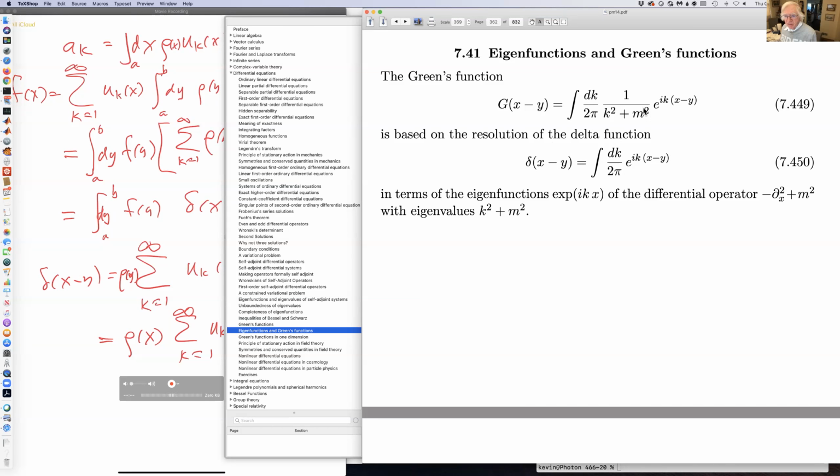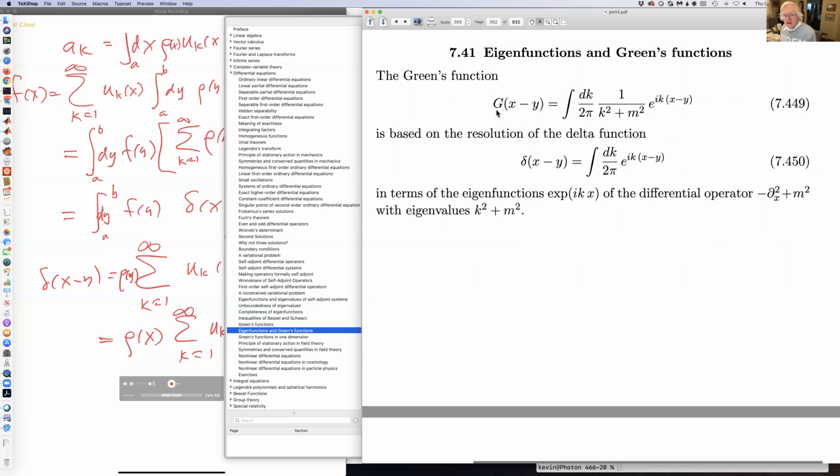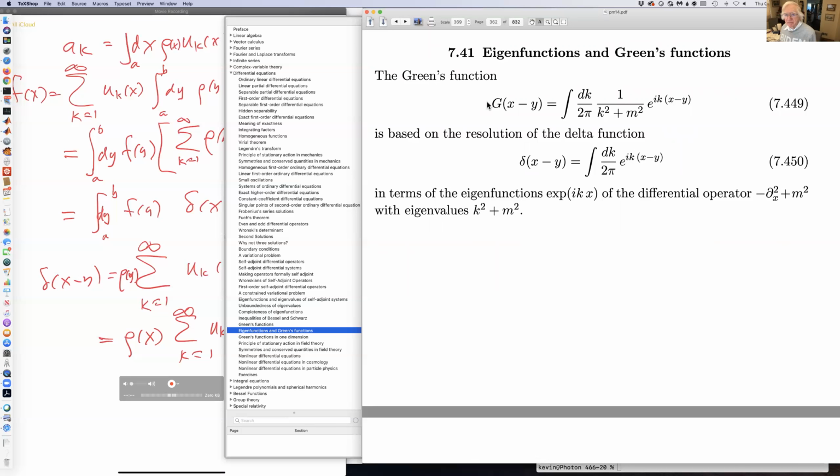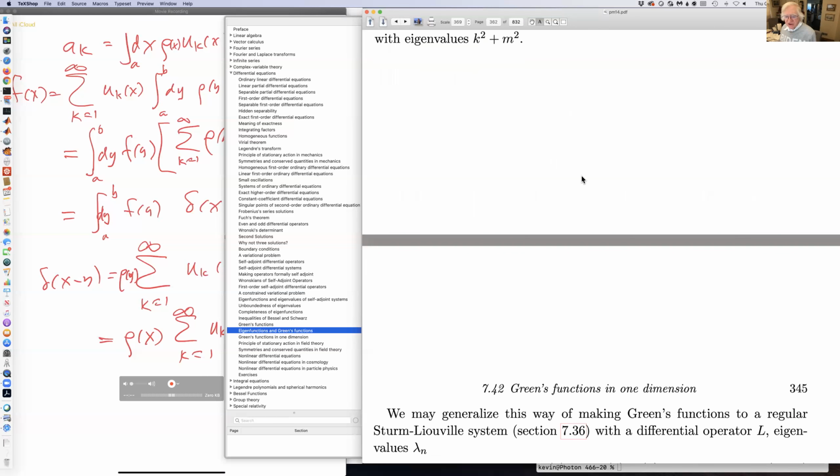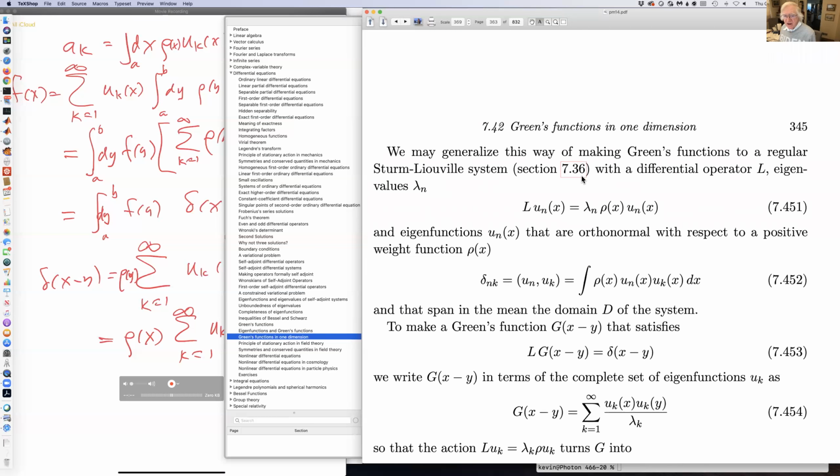You can find it by using this representation of the delta function, and what you can see is essentially what I was saying before, namely that you just have this differential operator act on G, and that gives you the delta function. So that's the idea of that. Now, another way of doing that, okay, hold on.